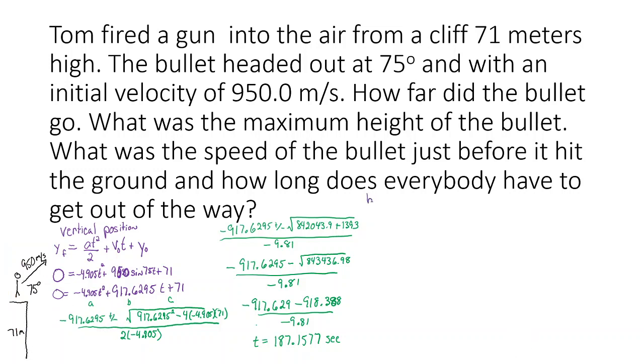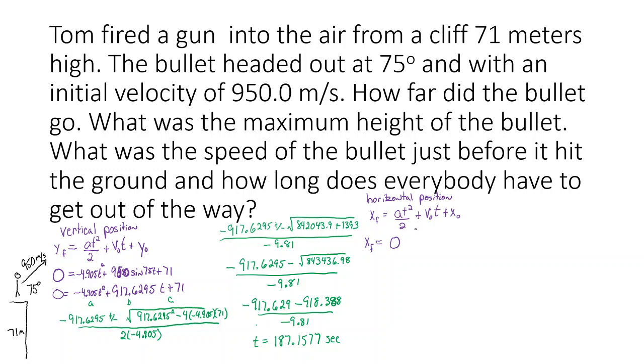That means we have to put this back into the horizontal position equation. So we're going to have x final equals acceleration times time squared over 2 plus velocity initial times time plus position initial. This is a little bit easier because our acceleration in the horizontal direction is 0.